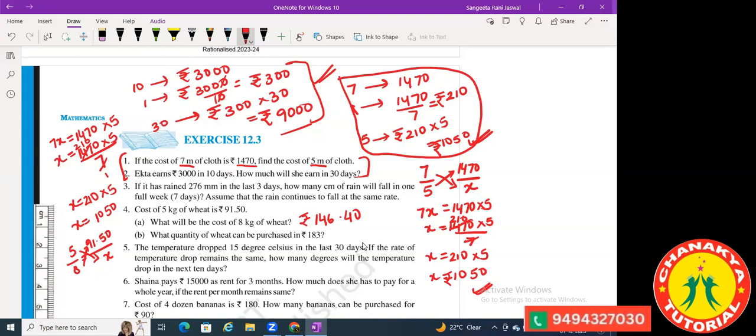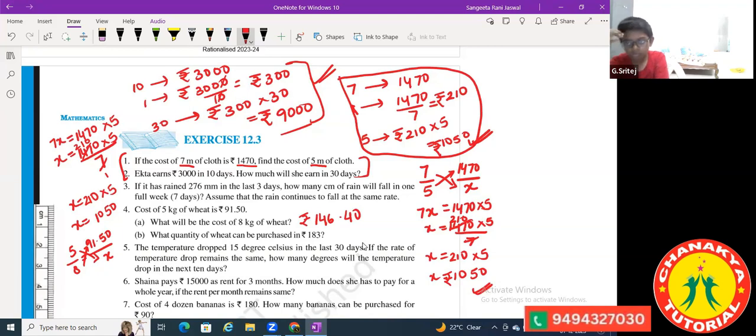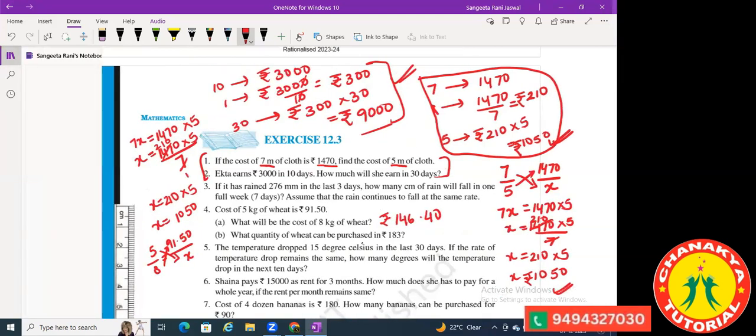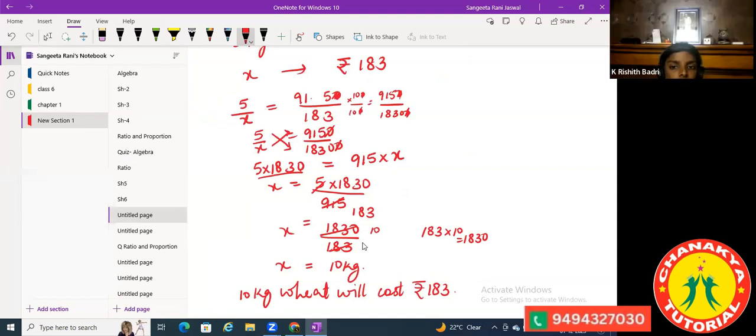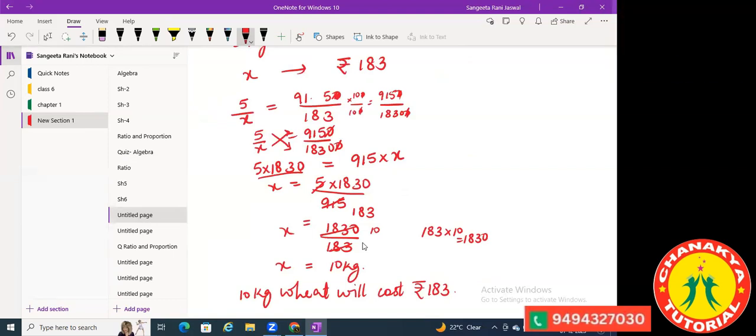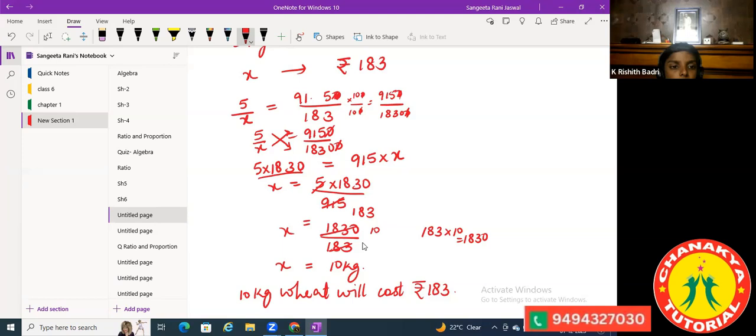Now coming back to the solution part. Understood everyone now? How did we get 10 kg? Sweetage, you understood? Ashwath, you understood? Where is Soumya?